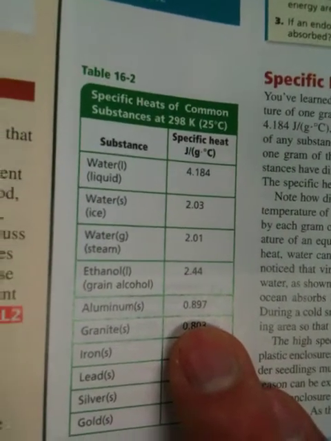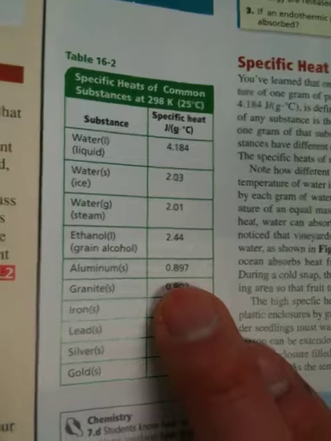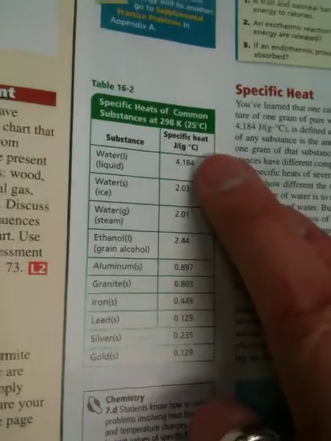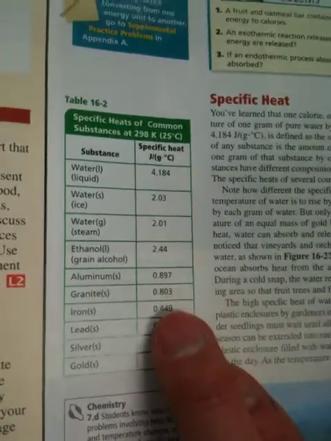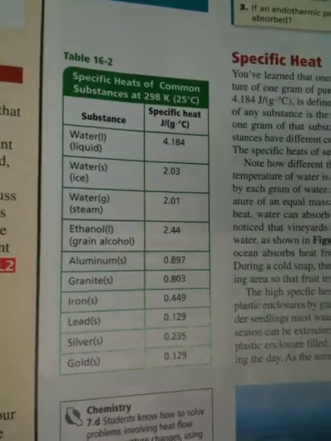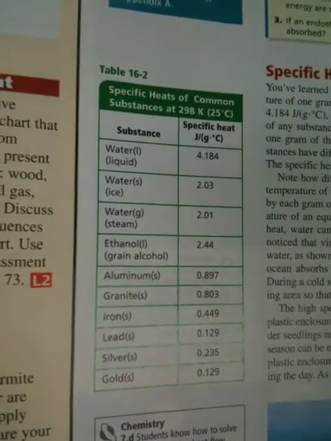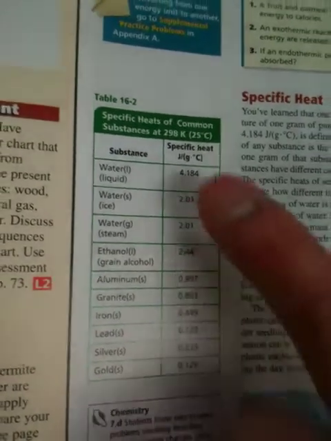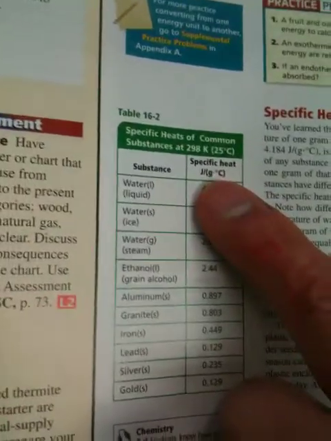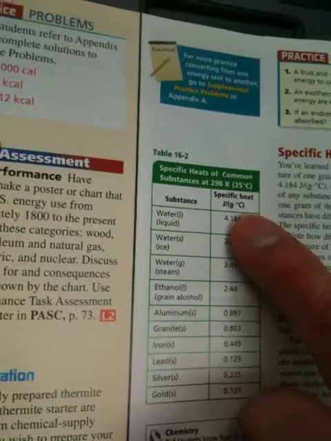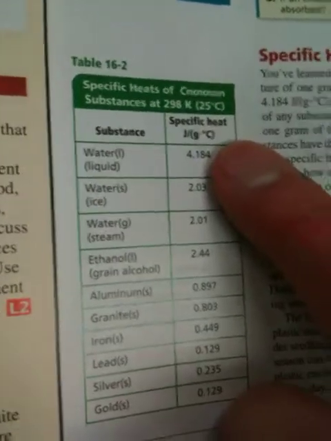Any amount of aluminum, and then I have my temperature change, and I find out how many joules it's going to require, or I put in how many joules. I can calculate this number knowing the joules that I put in, the grams that I have, and the change in temperature that occurred when I put in some number of joules.